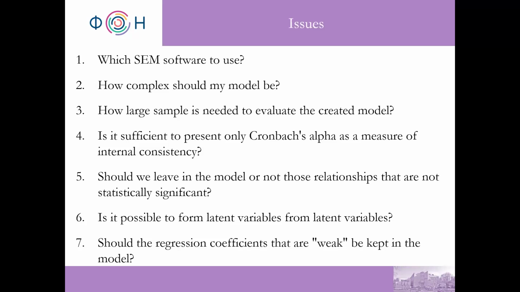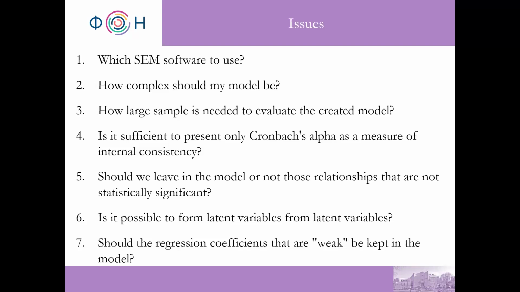Should we leave in the model or not those relationships that are not statistically significant? If there are some relationships which are not statistically significant, you can remove them from the model, because removing non-significant relationships is not going to improve or make your model worse.